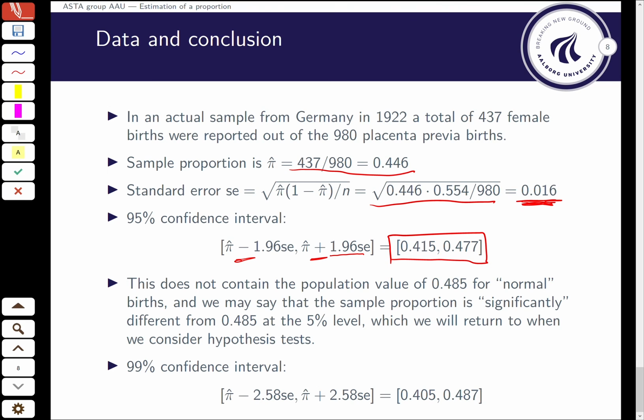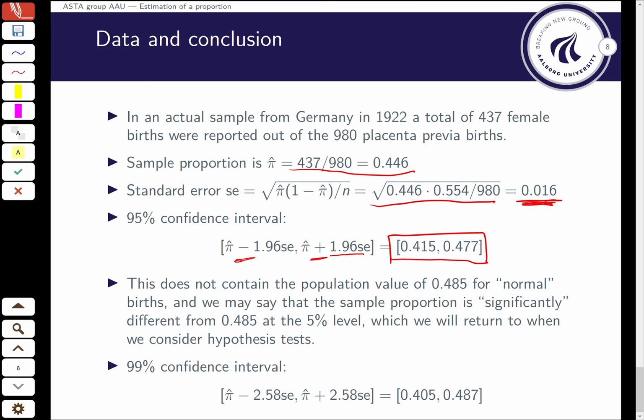So we're saying that with 95% certainty, the true population value for placenta previa births is somewhere in this interval, and it's not containing the normal value that we might expect if it was unrelated to the gender of the child.